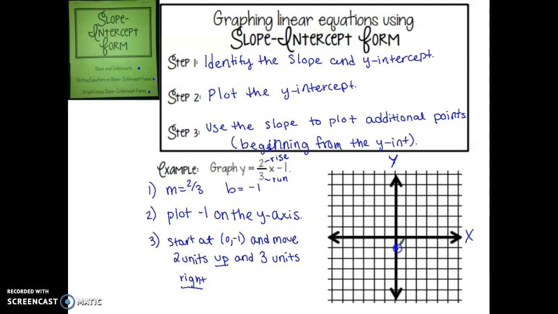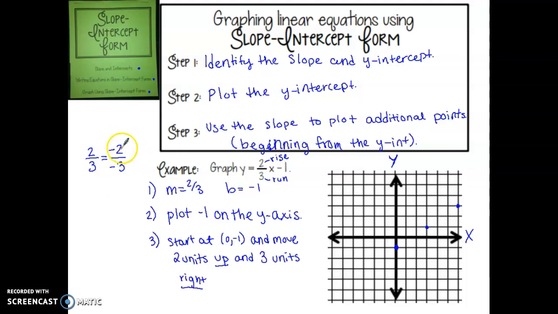So I'm going to start at my y-intercept and rise 2 units, so 1 and 2, and then run 3, so 1, 2, and 3. That's my first point from the y-intercept. And then I'm going to add some additional ones. If I wanted to go the other way, guys, remember 2 over 3 is the same thing as -2 over -3.